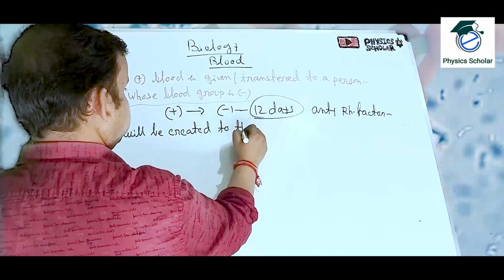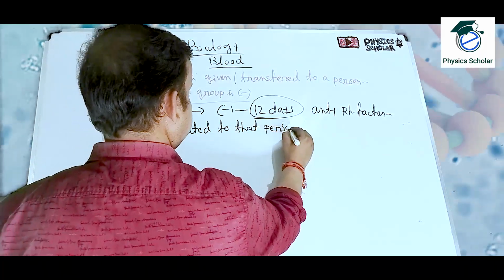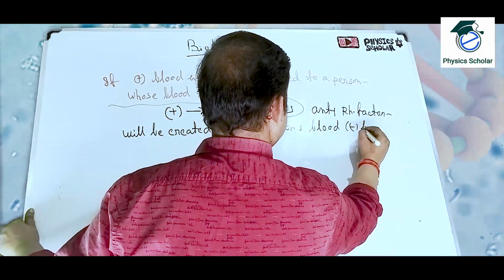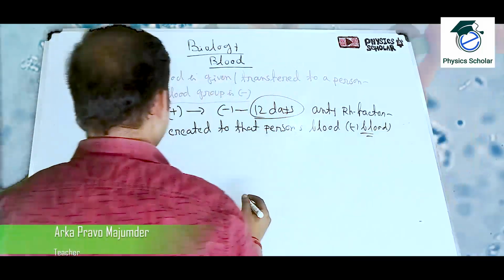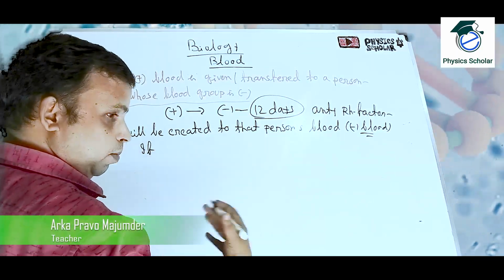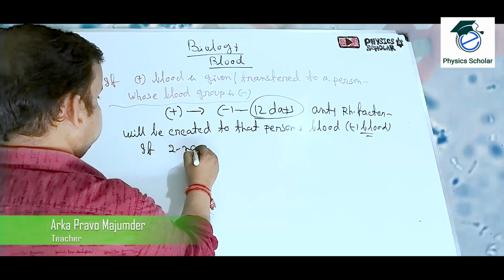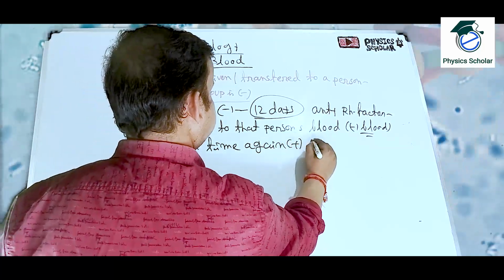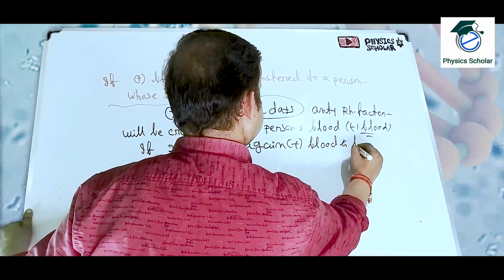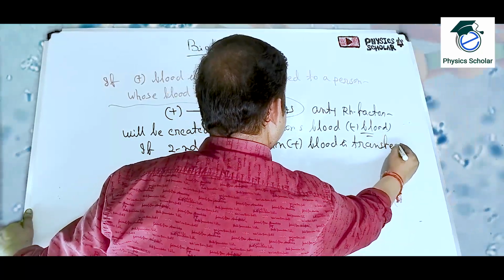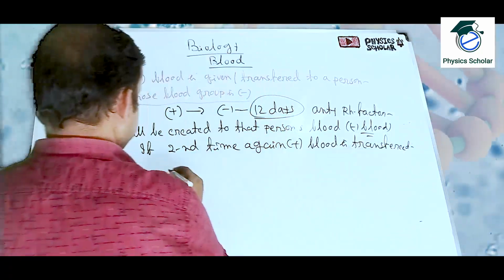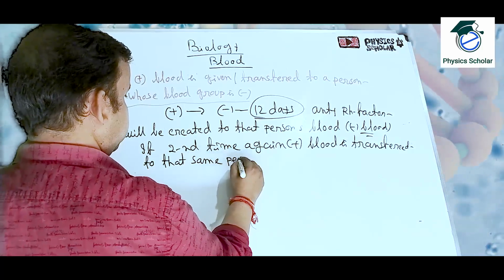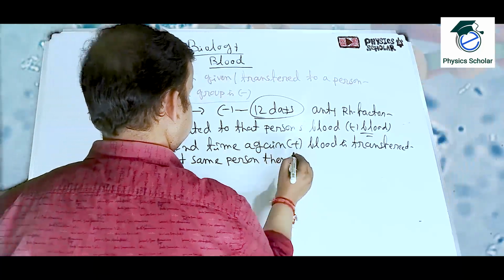Okay, so now if the second time blood is required, and again positive blood is transferred to that same person, then what?